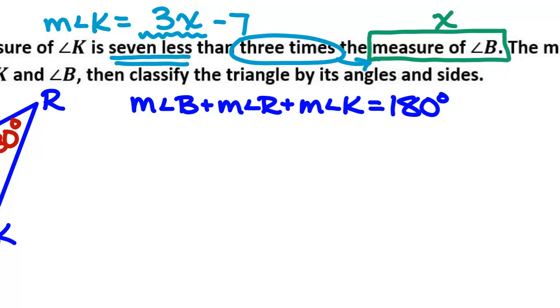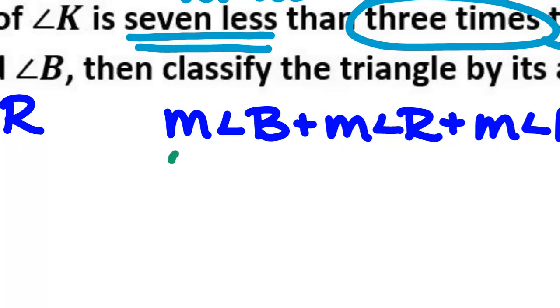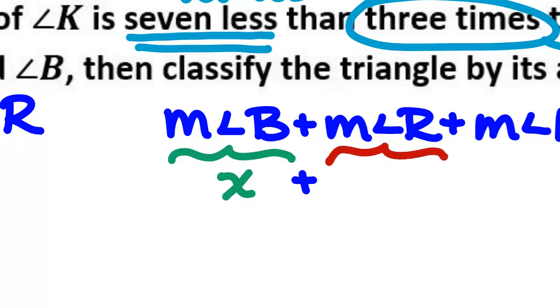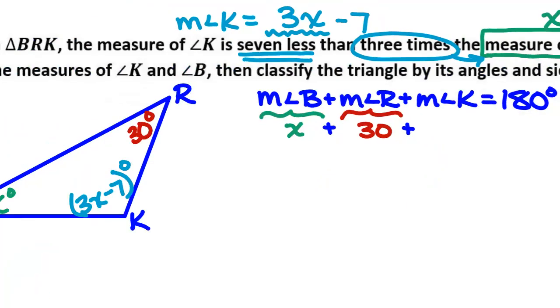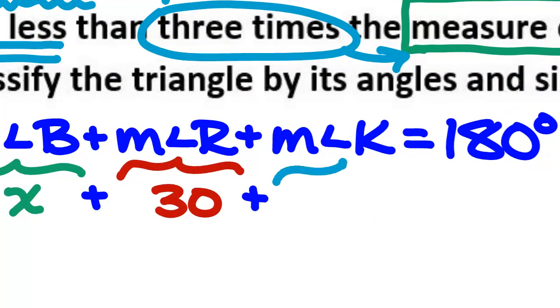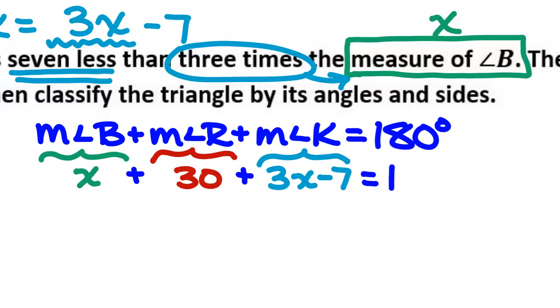Angle B we are calling X. Angle R is 30 degrees. And then angle K is 3x minus 7. Equal to 180.